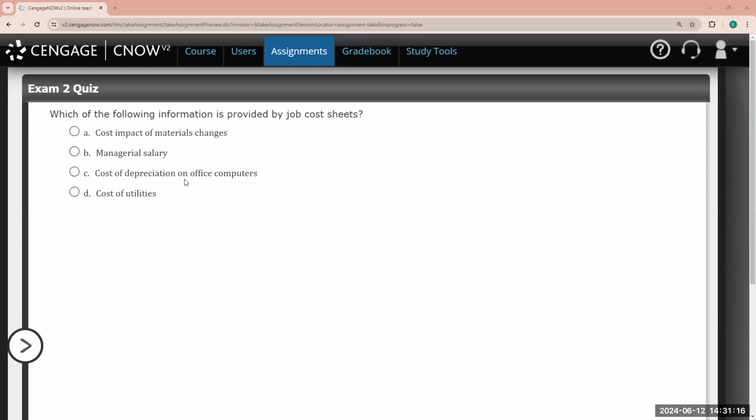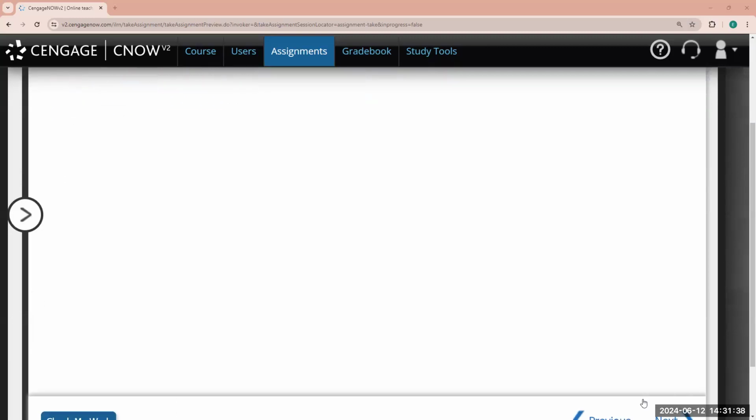We don't know the cost of depreciation on office computers, or the cost of utilities, but what we do know is the cost impact of material changes because we detail the total materials that are used for each job. So the correct answer for which of the following is provided by job cost sheets is the cost impact of material changes.